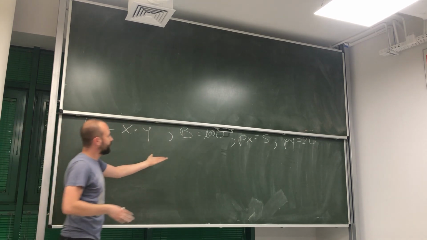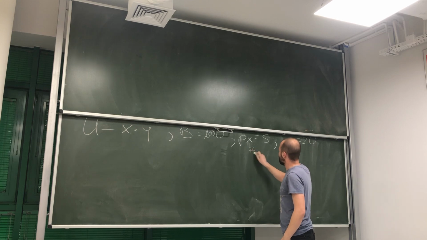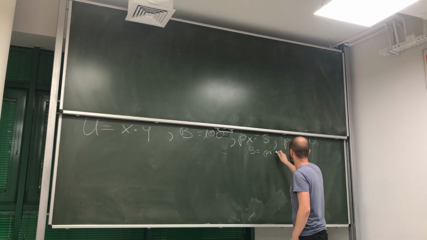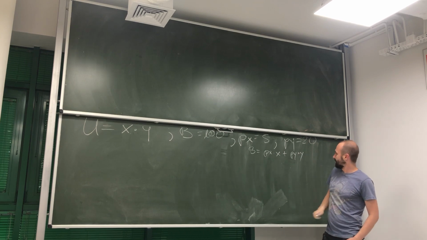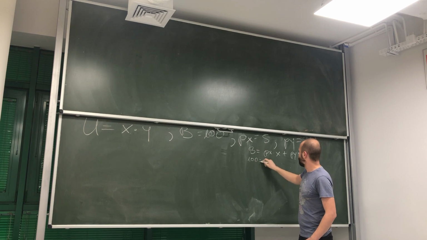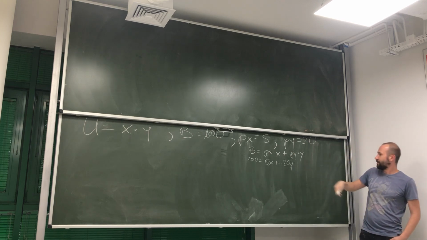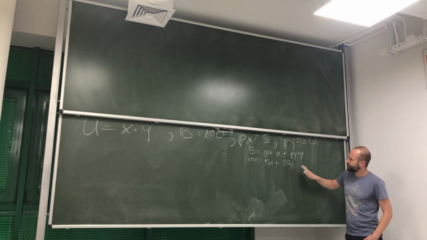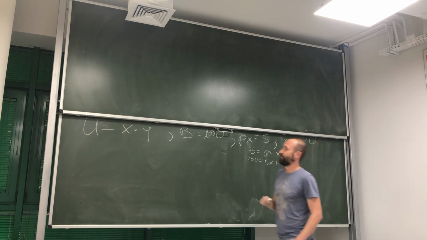Okay, first thing we do, we build the budget constraint, right? The customer's budget constraint is given by 100 equals 5x plus 20y, and out of that we will be able to make the substitutions into the Lagrange function.